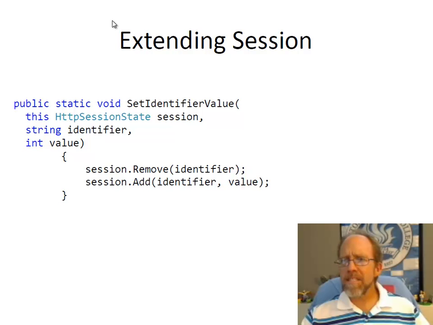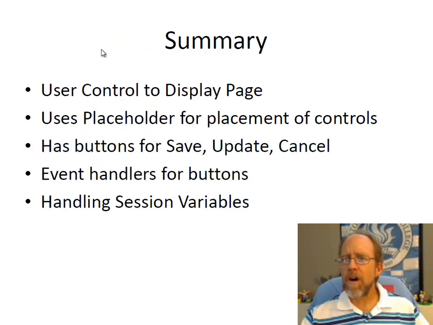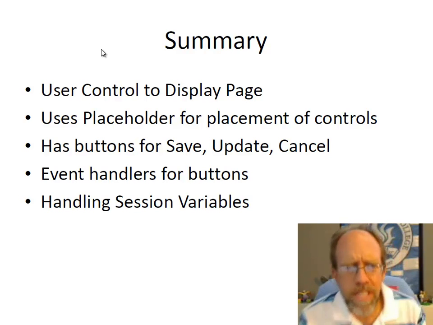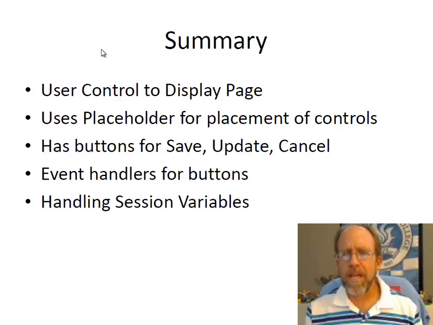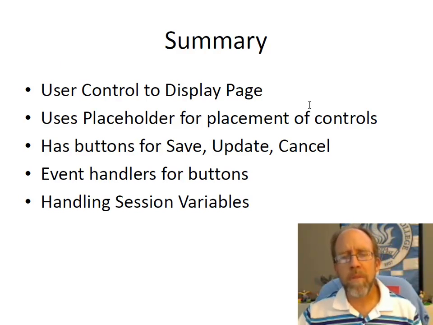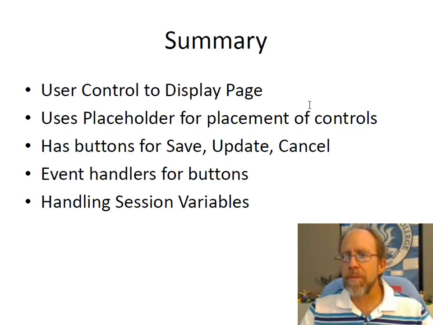So let's go back and let's look at a big overview of what we've talked about. So how do I organize all this? And the organization of how you put together large-scale applications is important. First, I created a user control to display form pages. So in other words, I have a user control that has this capability.